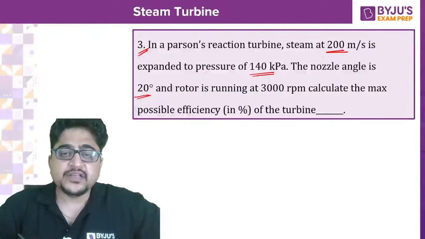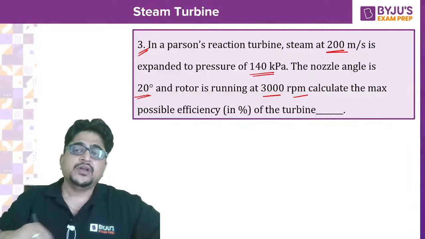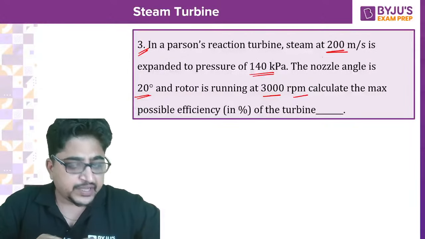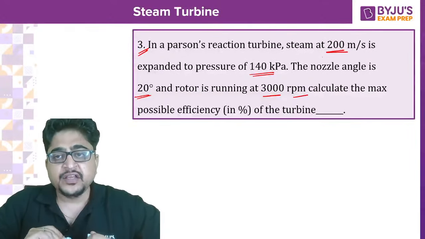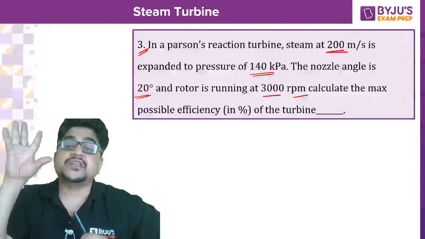Nozzle angle is given as 20 degree and rotor is running at 3000 rpm. Calculate the maximum possible efficiency. He is asking for the maximum efficiency.